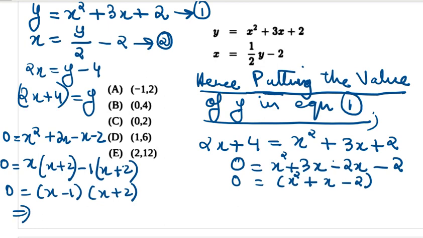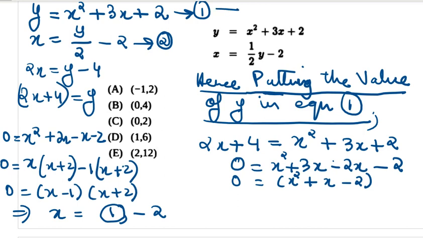That implies x is equal to 1 and minus 2. x is equal to 1 comma minus 2.